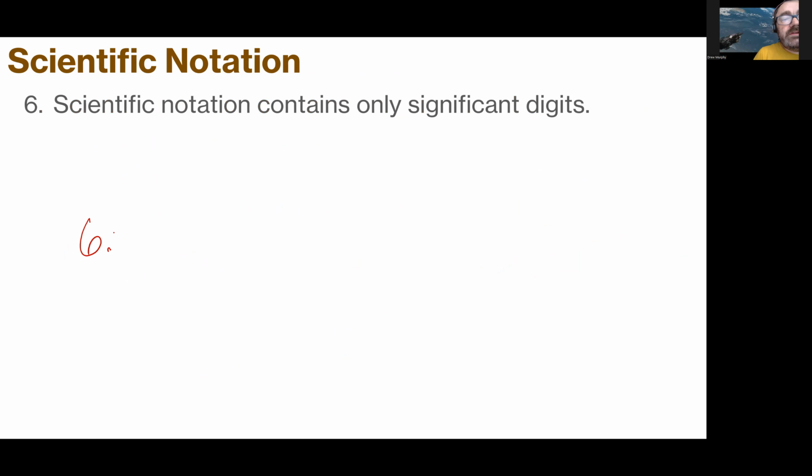So let's say 6.03400. The 6, 3, and 4 are significant. So the 0 in between is also significant. So far, all of these are significant. These are trailing zeros to the right of the decimal place, so those are also significant. So this is 6 significant figures.